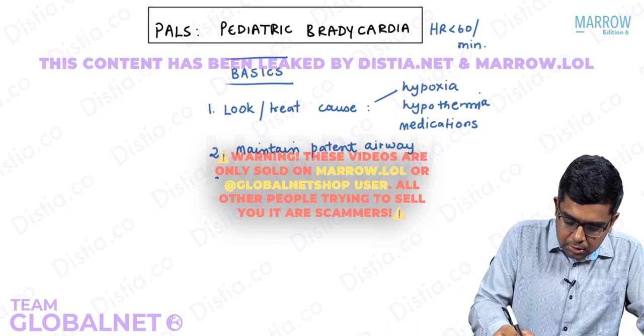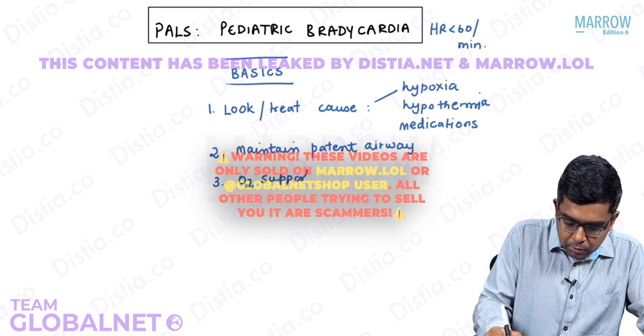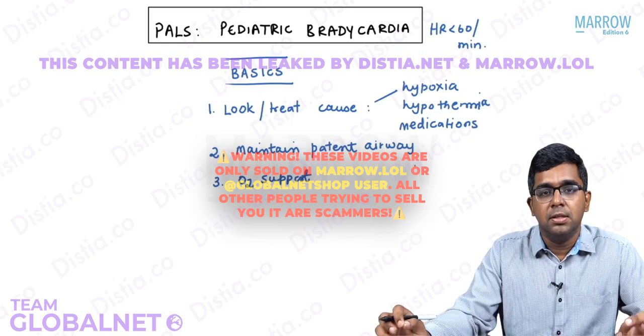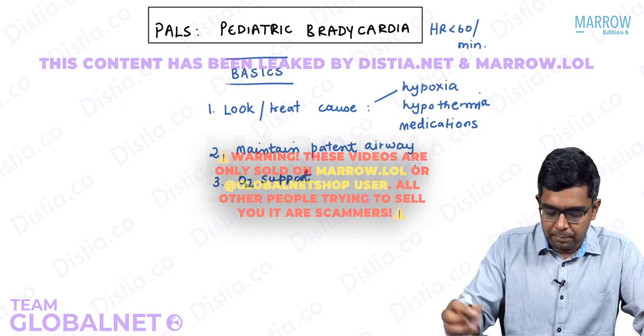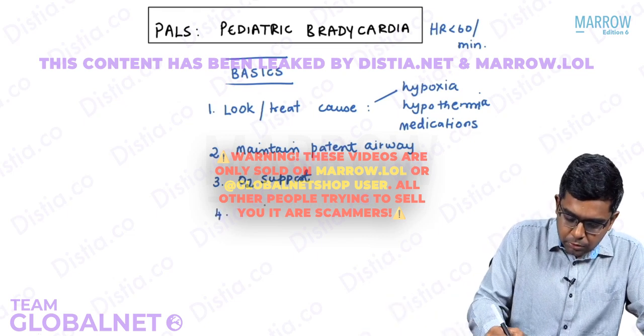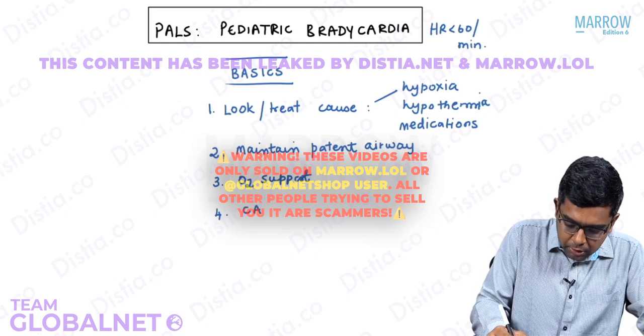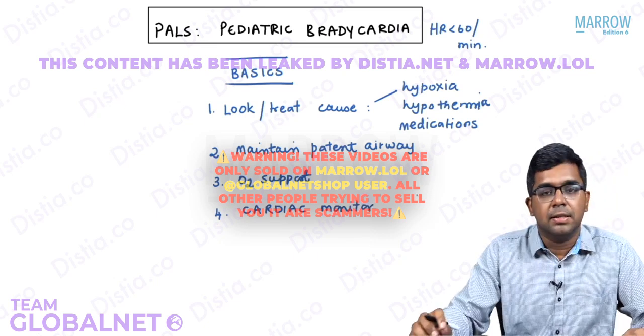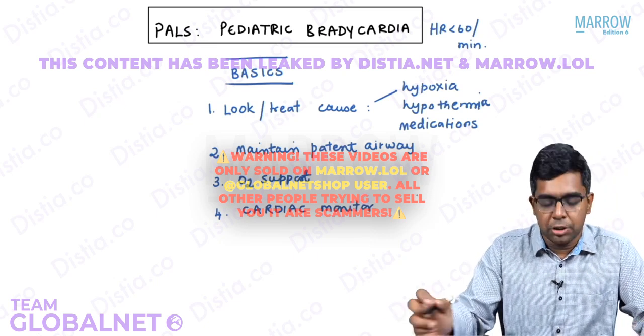Third, oxygen support should be given only if it is necessary. For example, in a child having significant hypoxia, oxygen support is important. Fourth, you have to connect a cardiac monitor and continuously assess the vital parameters like the heart rate and the blood pressure.